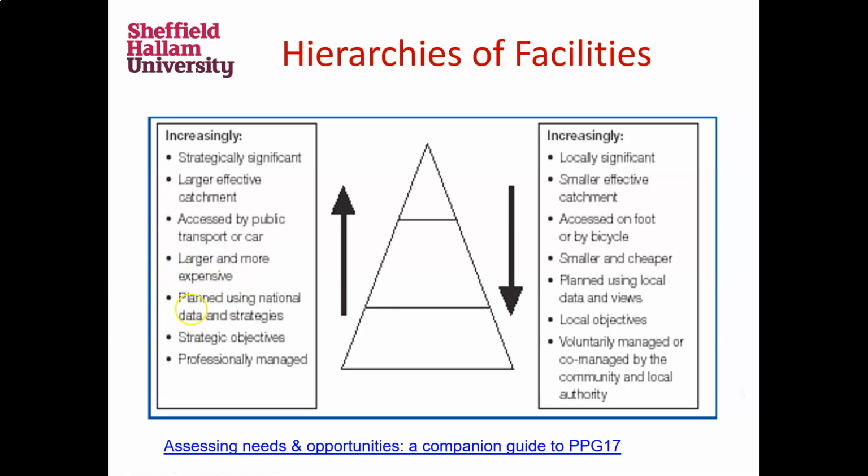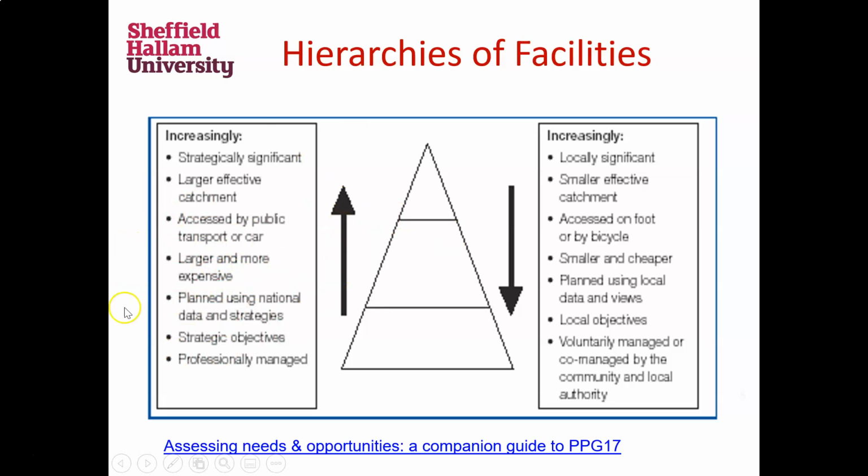If we're talking about built facilities, they tend to be larger and more expensive to build. So if we're thinking about the national level, we might be thinking about Wembley as the national stadium. We might be thinking about the English Institute of Sport. And they are planned using national data and strategies.